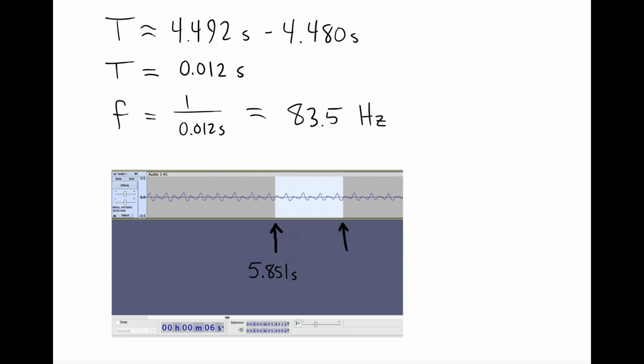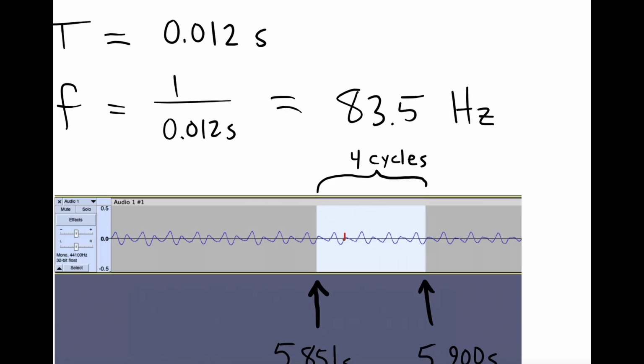Then here's the end, 5.900 seconds after the start of the recording. I'm claiming that there are 4 complete cycles in this region. If we zoom in, we can see where the pattern repeats itself.